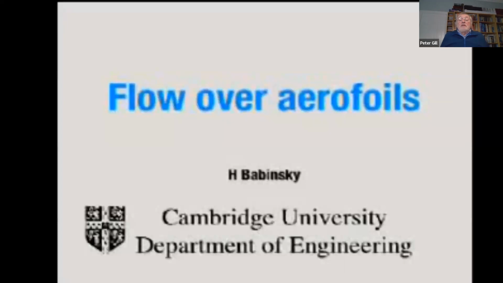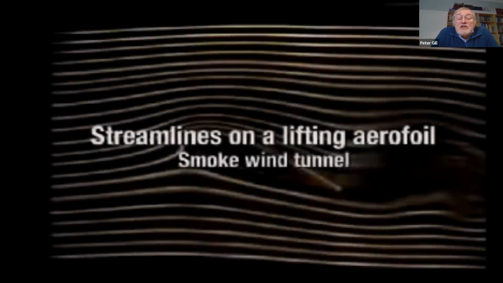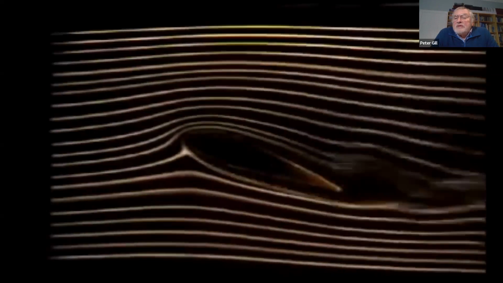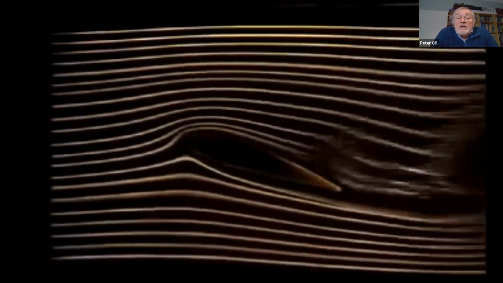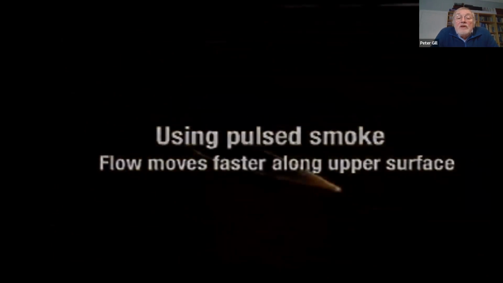Next is a series of videos of a wind tunnel using smoke streams, so you can actually see what's happening. Have some of you seen this? Using a pulse of smoke, you can see the air flow over the top, and when they do it in slow motion, the air moving across the top of the airfoil is moving more quickly.